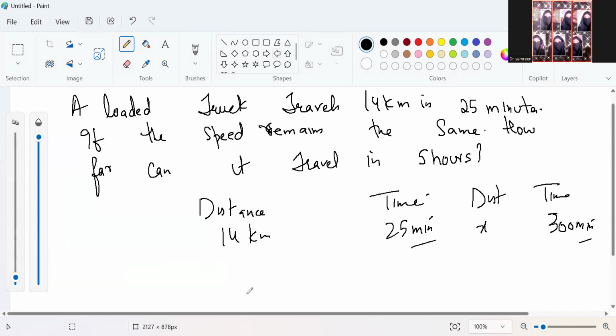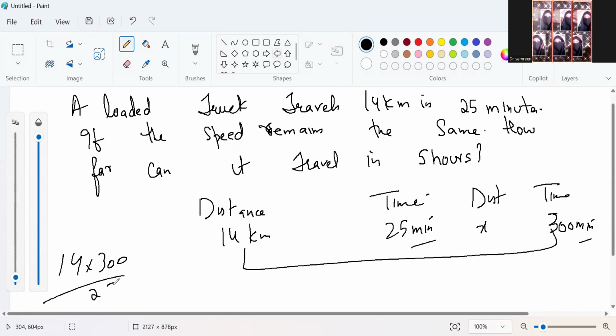If the time increases, the distance will increase. So we will multiply the extreme terms divided by the given term. 25 1 hour, 25 12 hour. Now 14 into 12, that will be 168 kilometer.